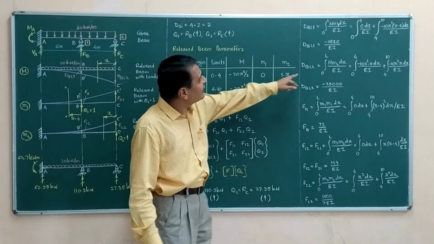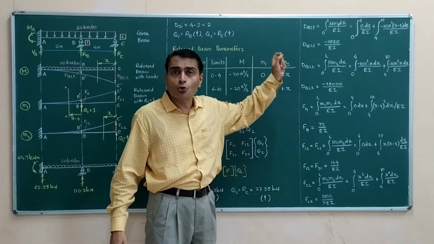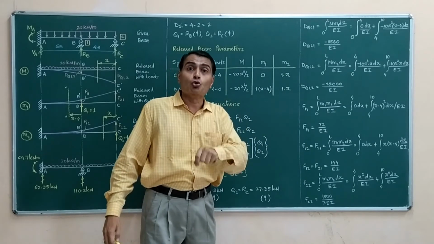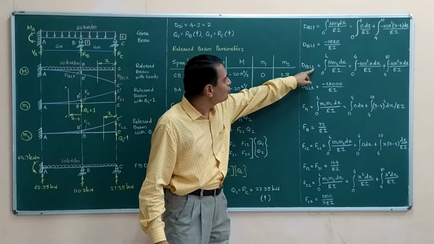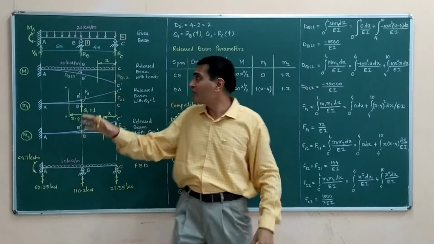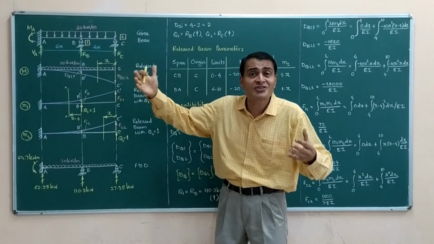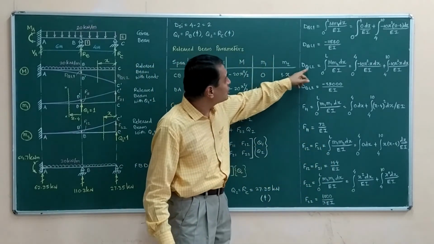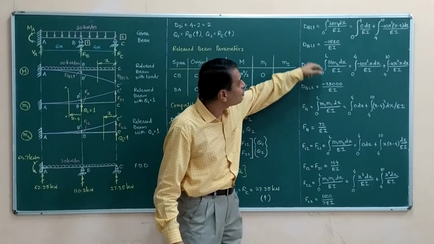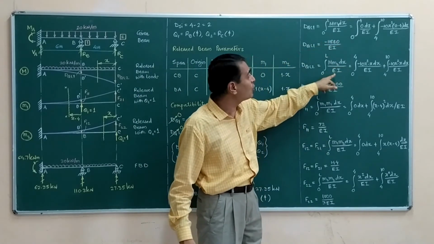Then I calculate dql2 is equal to integral 0 to L M M2. This is 2, so this is M2. M is same. Original diagram with loads is same. Released beam with loads is same. So dql2 is equal to integral 0 to L M M2 with respect to x upon EI.